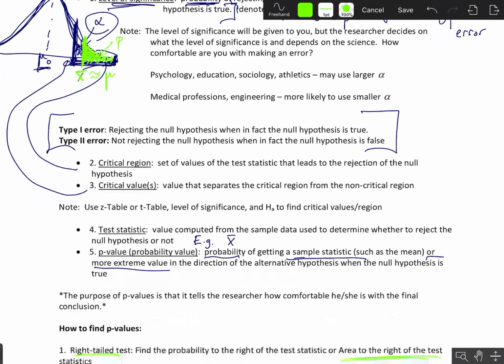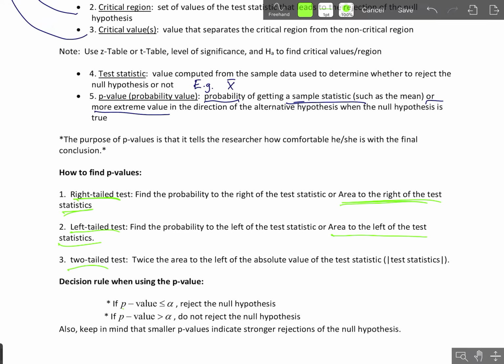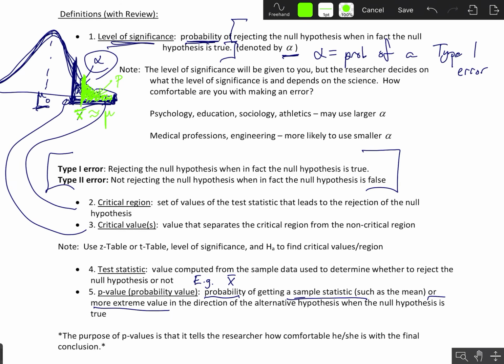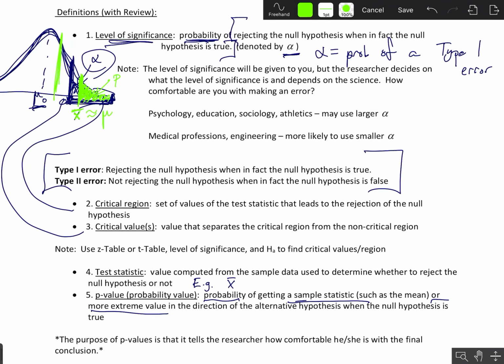So a way of phrasing that in terms of alpha and p is this. If the p-value that you measure, that p area, is smaller than alpha, then that means that you live in the critical region and we would reject the null hypothesis. And conversely, if that p-value ends up being bigger than alpha, we would not reject the null hypothesis. The picture for that would look something like this. Let's say that our x bar value falls way over here, closer to the null hypothesis mean.